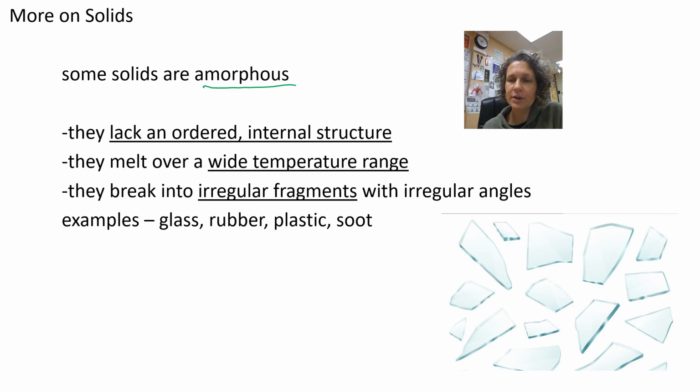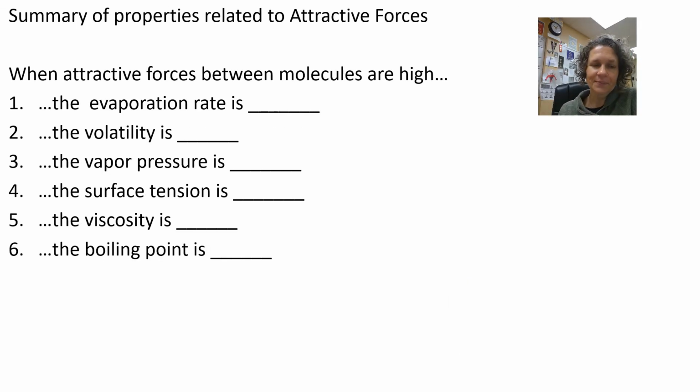Notice that there are straight edges and corners on some, but not on others, so very random. Rubber: if you froze rubber and then broke it, it would shatter into pieces. Plastic, and soot, which we don't really think of as solid, but it's what you get out of the fireplace.